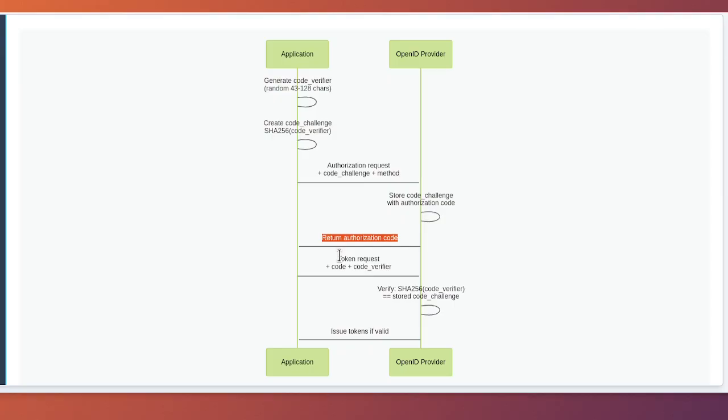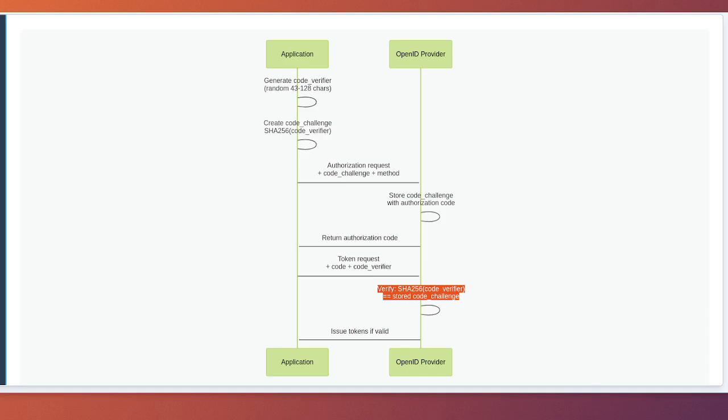Only if they match will the provider issue tokens, ensuring that only the application that initiated the authentication request can complete it. This mechanism effectively prevents authorization code interception attacks because an attacker who intercepts the authorization code does not have access to the code verifier, which was never transmitted to the OpenID provider in its original form.